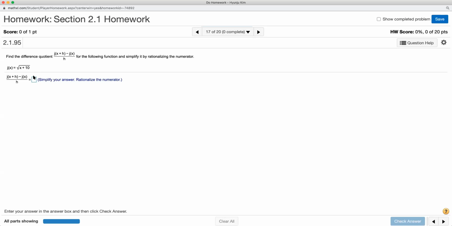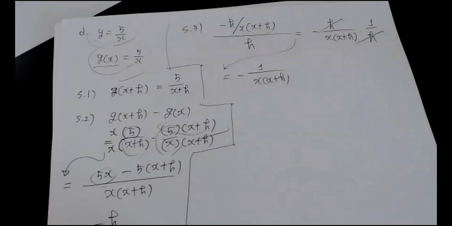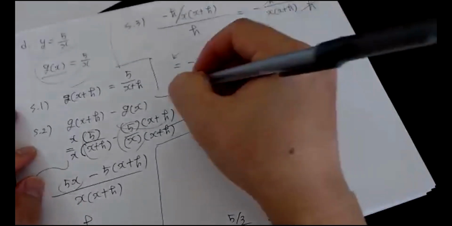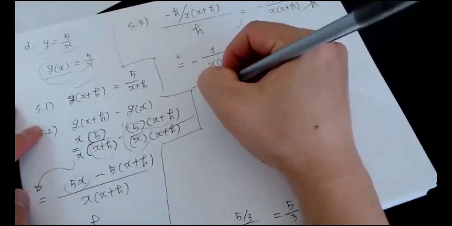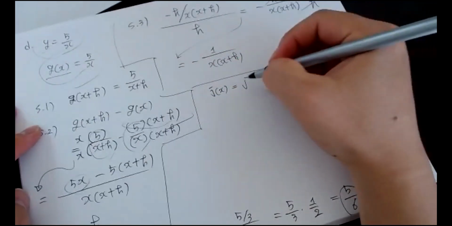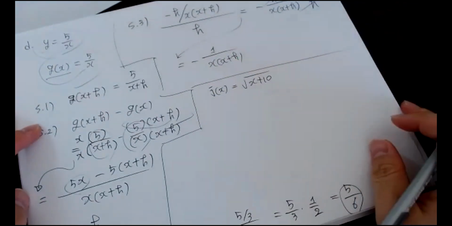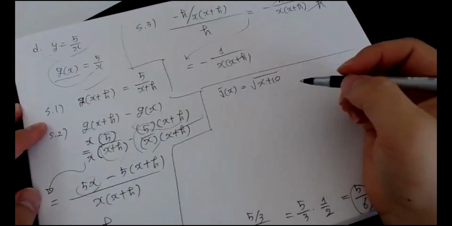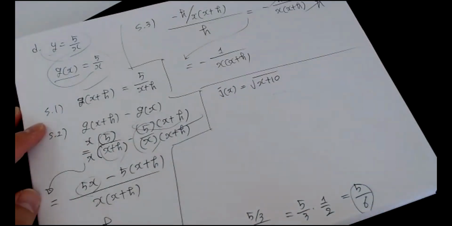I know this problem doesn't ask you to find the domain and range, but let's find that out. So here j of x is defined by the square root of x plus 10, right? Now how can I find the domain and range of the square root function?